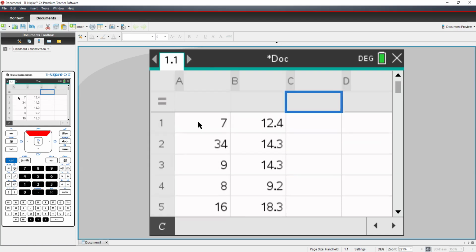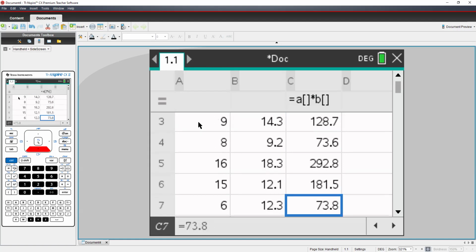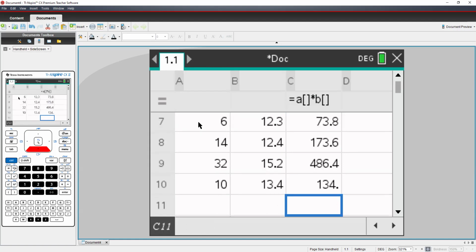All right, so if I want to multiply those, I don't have to name it X or Y. I just got to say, I want you to take column A times column B, and it'll multiply them all for me. So now you can take these numbers and simply just plug them in all the way down.